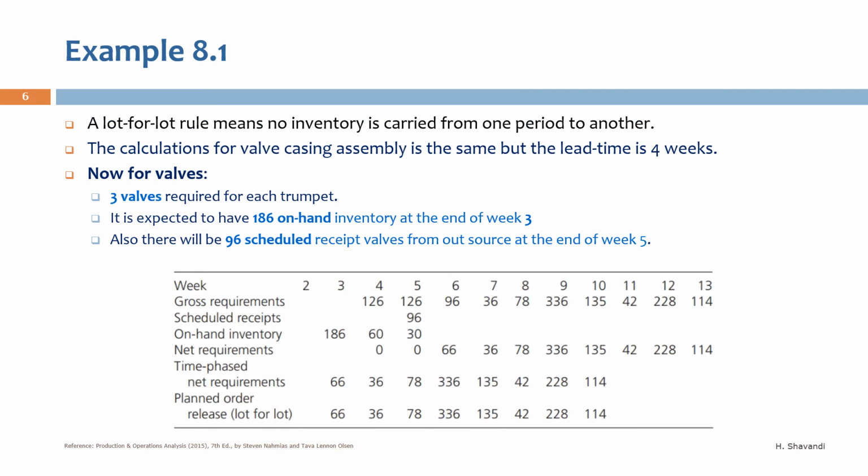For the valve casing assembly, the calculation would be the same, but the only difference is the lead time. The lead time for valve casing assembly is 4 weeks, so we need to go back 4 weeks in our time schedule for scheduling the production of valve casing assemblies. Because of that, we should start from week 4. Okay.